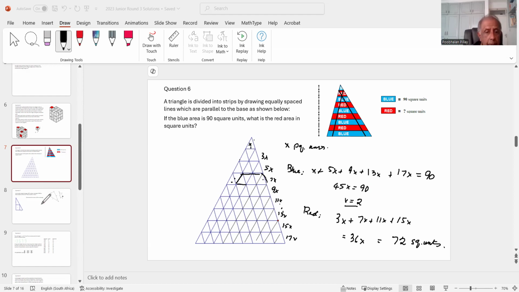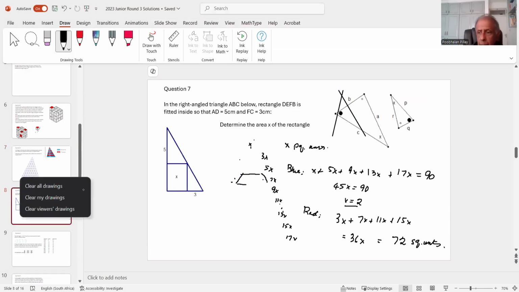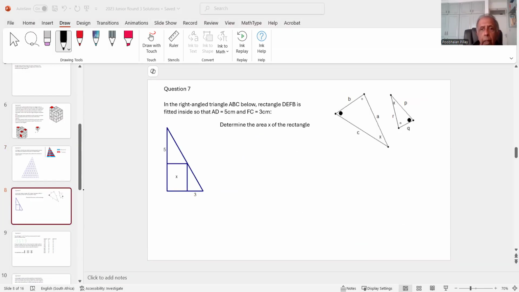All right. So the next problem is question 7. Now, it says in the right angle triangle ABC, or these names were not put in, doesn't matter. It's called ABC.